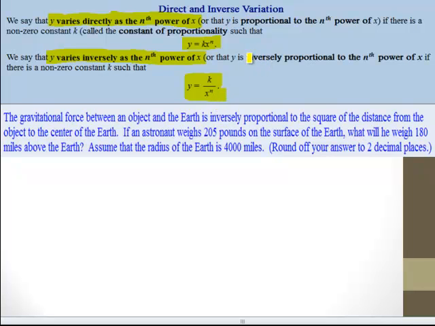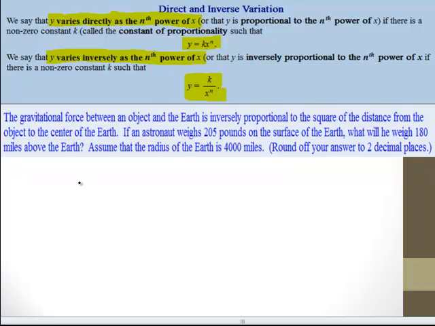You can say that it is inversely proportional. Okay, so if it varies directly, it's in a straight line, everything's multiplied together, and if it is varying inversely, you're going to have a fraction where your y is pretty much in the numerator and your x is in the denominator.